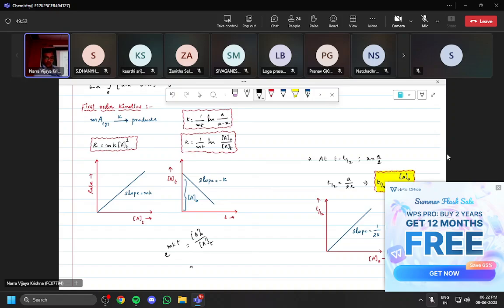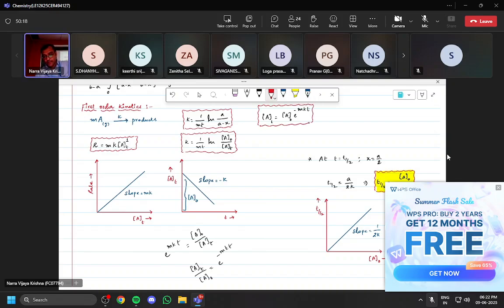So what is At upon a naught equal to now? E power minus mkt. Bring that a naught to this side. So you can write At equal to a naught into e power minus mkt. Correct?